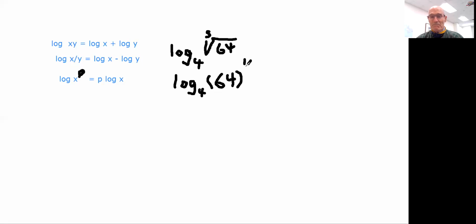Now, remember, 64 here is 4 cubed. So if I change 64 into 4 cubed, I've got log base 4 of 4 cubed, and I'm raising that to the 1/5 power.